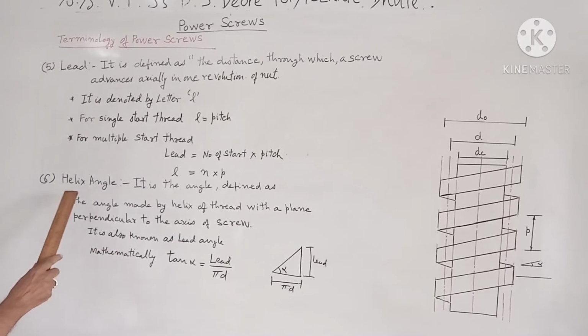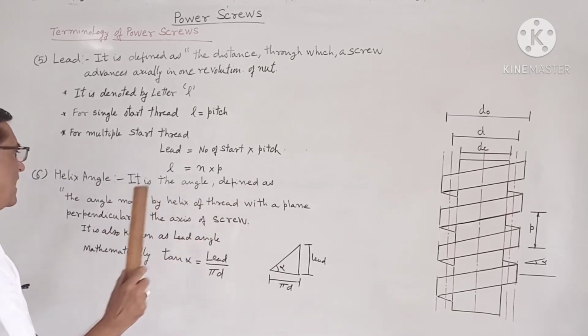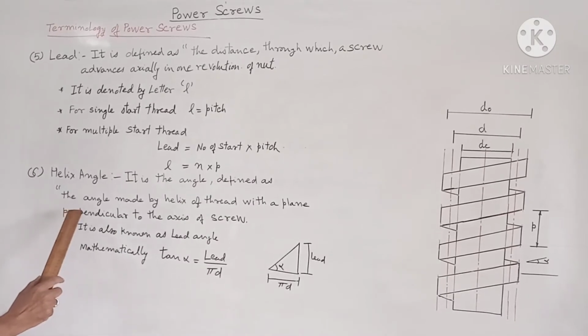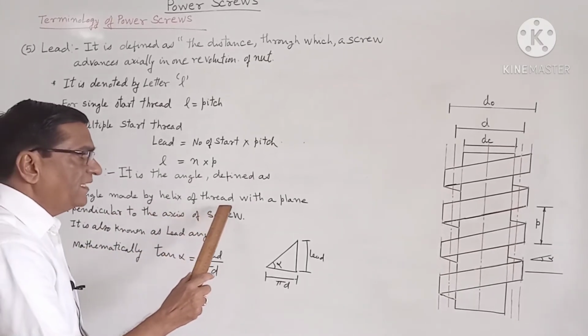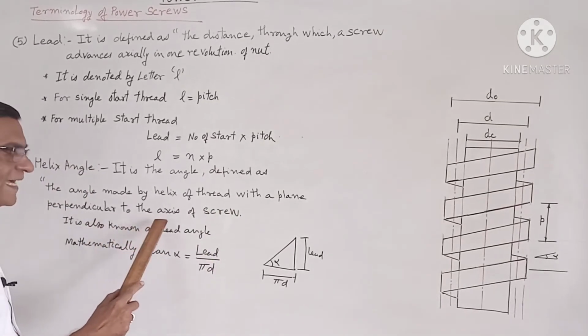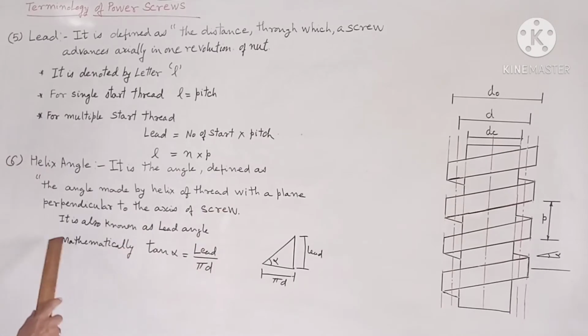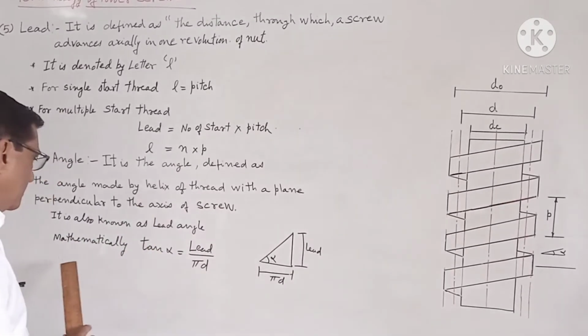Now helix angle. It is the angle made by the helix of the thread with a plane perpendicular to the axis of the screw. It is also known as lead angle.